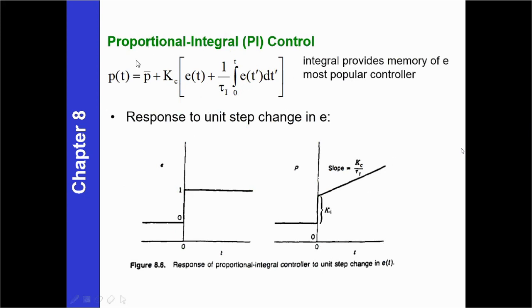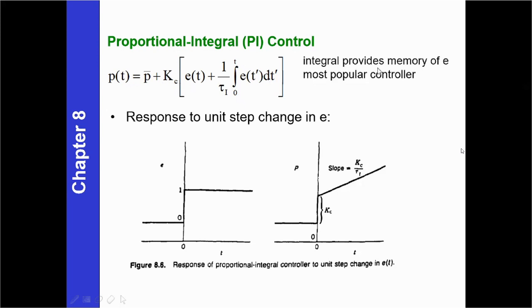Why? Because we want to look into a system which combines both proportional and integral. So if we have a proportional and integral control system, P(t) now becomes P bar + Kc times [e(t) + (1/τI) times the integral from 0 to t of e(t') dt'].